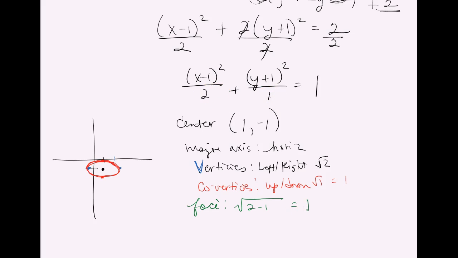So my foci are a distance of 1 away from the center, but they have to be on the major axis, okay? So that's why it was important to sort of talk yourself through the major axis earlier. So I know the major axis is horizontal, so I'm going to go left and right 1, and that is going to be where my foci are.